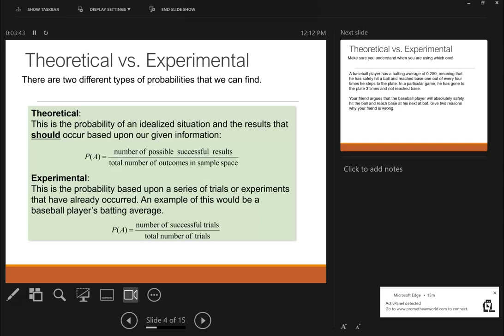Let's say that you didn't trust Mr. Kulik because, like, you're a mathematician, I know you're a sneaky jerk, I don't trust you in this coin. I want to calculate the probability myself experimentally. So I'm going to flip this coin 10,000 times and record how many times I get heads and tails. I'm going to use that as my probability of heads, just the number of heads I get out of 10,000. That's an experimental probability. You guys see the difference?